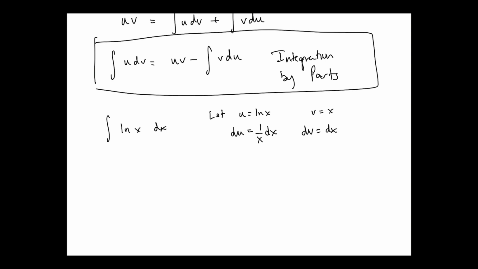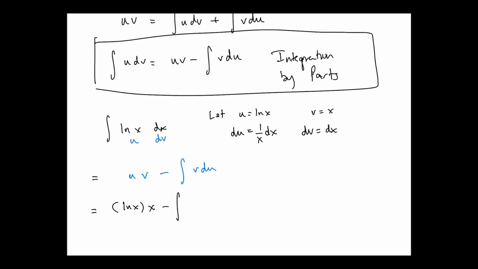Okay, so this here is u, and that's dv. And what does the integration by parts formula say this is? It's uv minus the integral of v du. Well, what is u and v and all of that other stuff? What's u? Natural log of x. What's v?